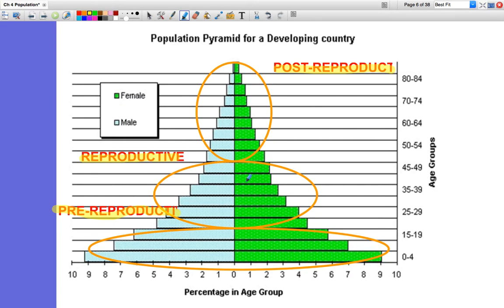From 20 to 50 is when people are typically either getting married or starting families, and beyond 50 to 80, most people are getting grandchildren at that point because their children are entering the reproductive stage of their life.